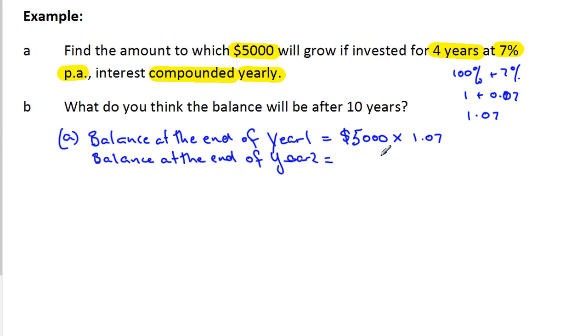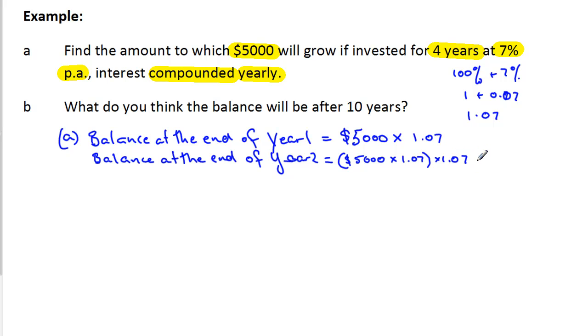The balance at the end of year 2 is going to be that amount, so we'll write it down. Times 1.07. We're going to put that in brackets because whatever that is, if we times it by 1.07 again, you'd have to agree that that's going to give us the balance at the end of year 2. Because if we had worked that out to be a number, it would have gone there, and whatever that number was, we multiplied by 1.07.